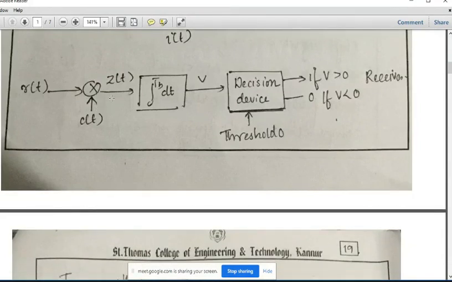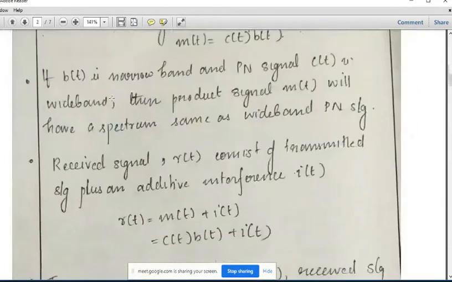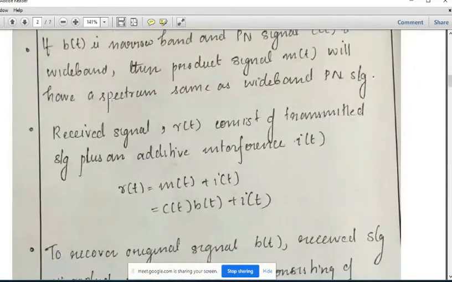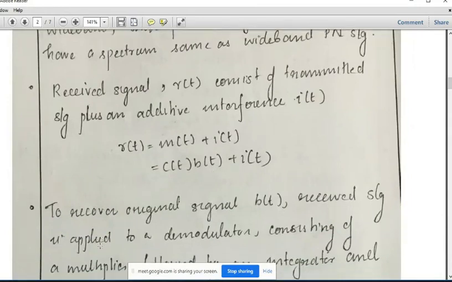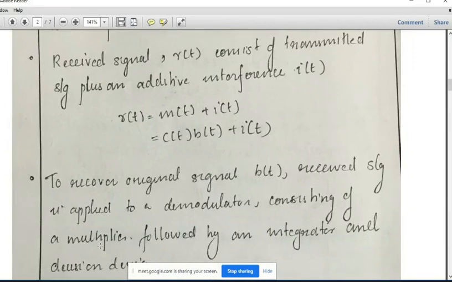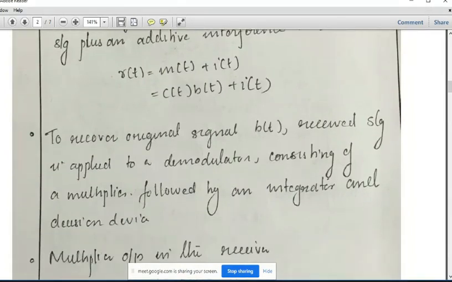So the whole demodulator consists of a multiplier followed by an integrator and a decision device.